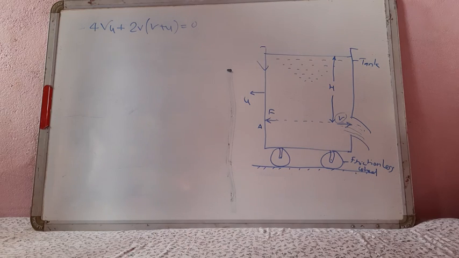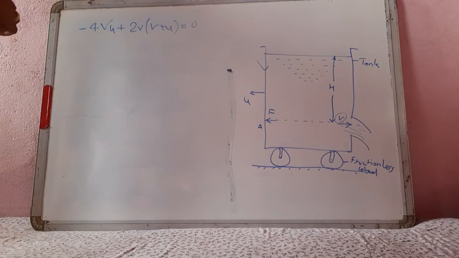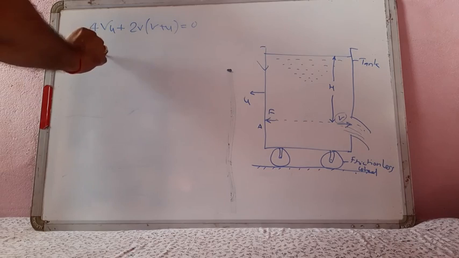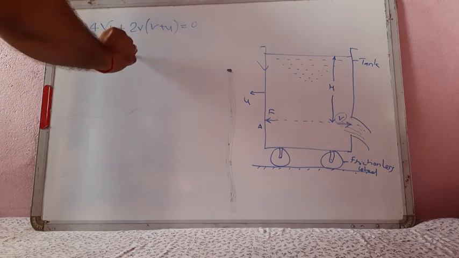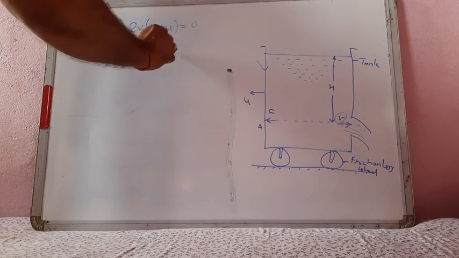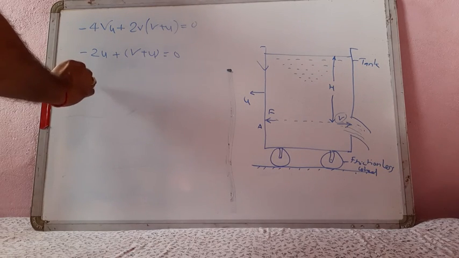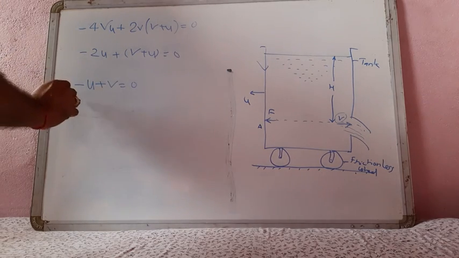Dividing this equation by 2, we will get minus 2u plus v plus u equal to 0, and minus u plus v equal to 0. So u equal to v.